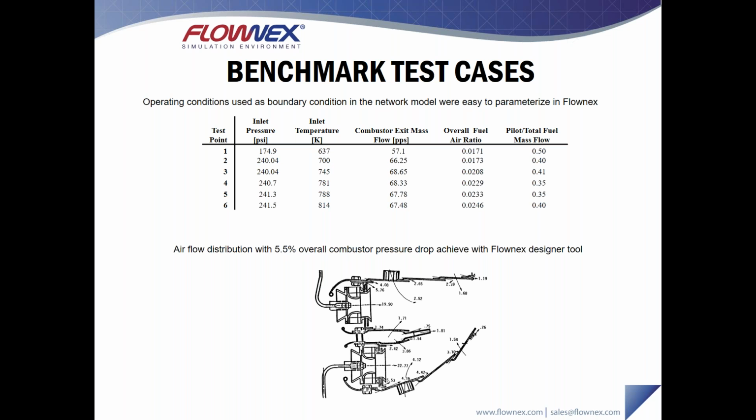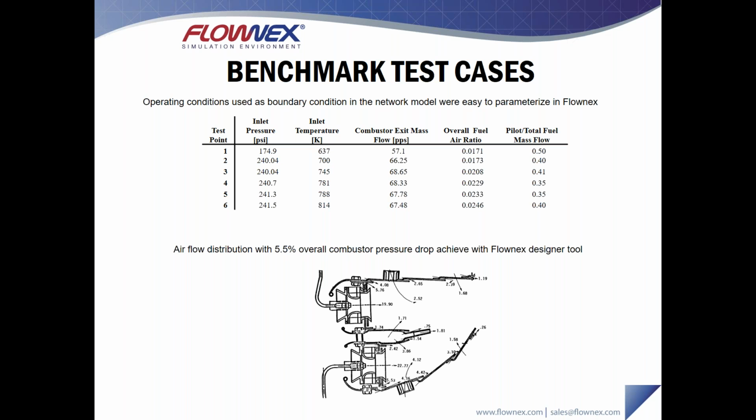With regards to the airflow distribution, it was kind of hard. The paper was published several years ago, maybe in the 70s or 80s. I can't exactly remember, but it was kind of hard for us to back engineer exactly what the geometry for the test rig was.